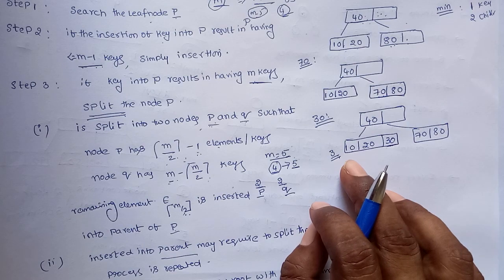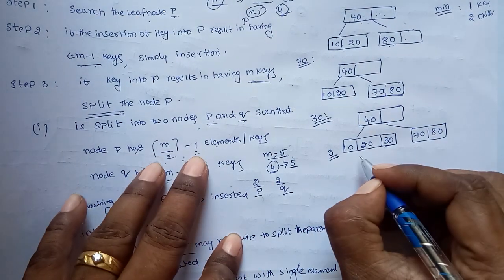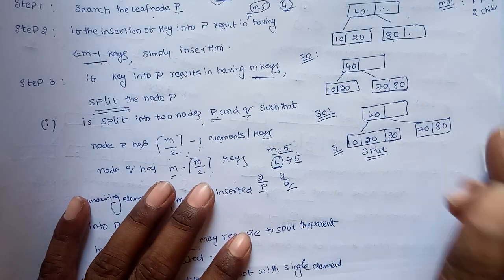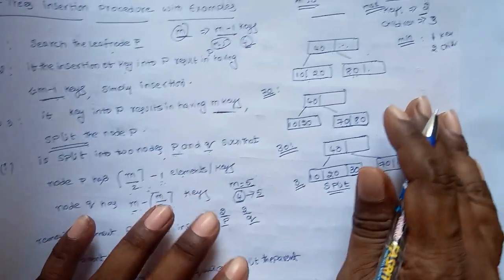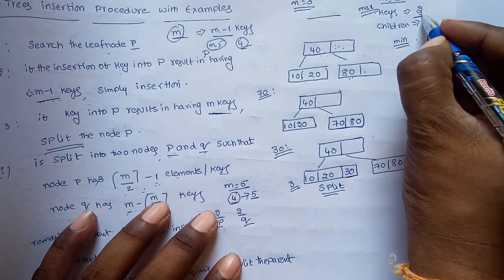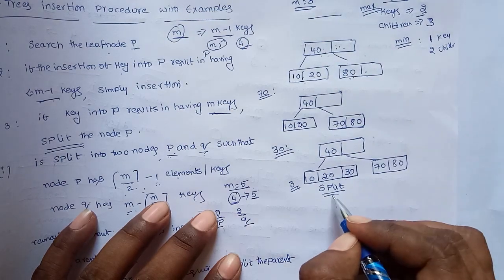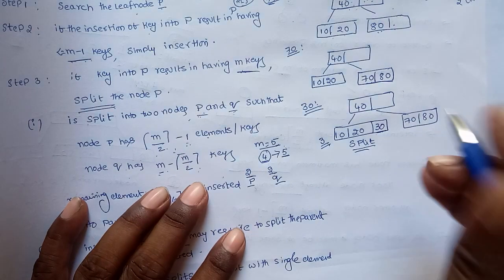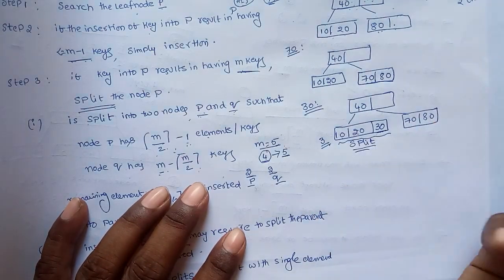Then what do we have to do? Perform the split operation. The maximum allowed keys are only 2, but after insertion there are 3 keys. So split this node.